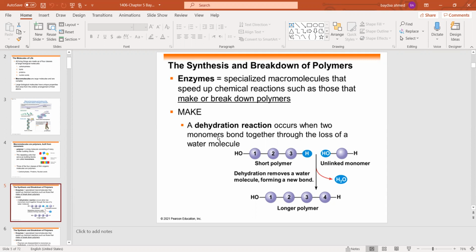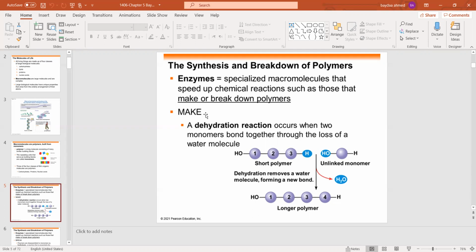In cells, these processes are facilitated by enzymes. Enzymes are specialized macromolecules, usually proteins, that speed up chemical reactions. A reaction that connects a monomer to another monomer, or a polymer, is a condensation reaction. This is in general.